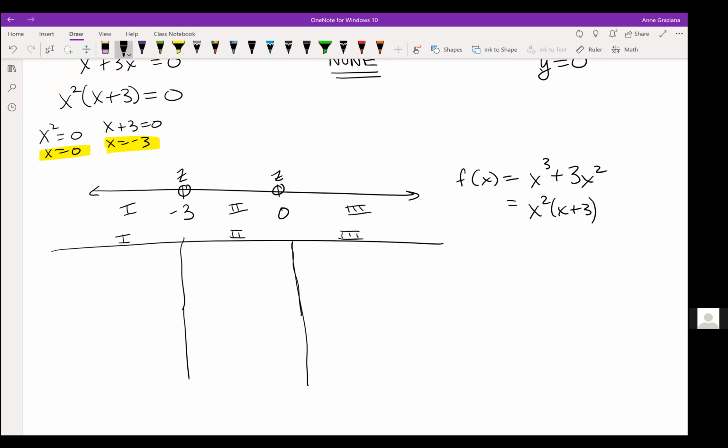So, all right, how about Shardea? What number should we pick in region 1? Region 1, I would say -4. Good. All right, how about Angelica, region 2? -1. Good. And Michael, what about region 3? One. Yeah, good. All right, very good.